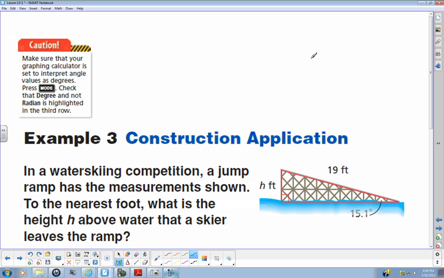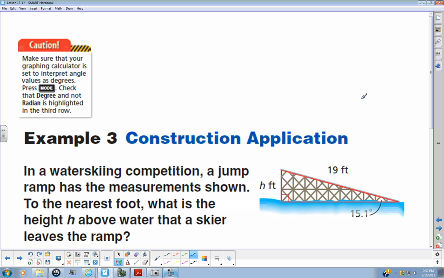Okay, now we're going to look at an application problem of using the right triangle. When we're solving these problems, if we're not using a 30, 45, or 60-degree angle, we have to use our calculator to find the answer.